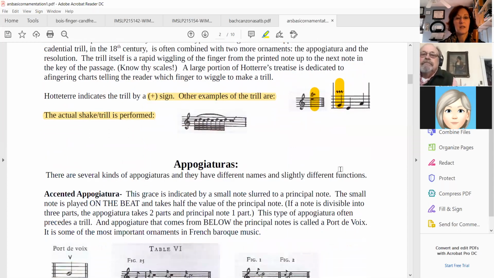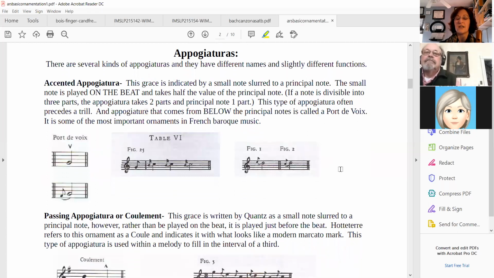So the next class of essential graces that we have is the appoggiatura, and there are several types of appoggiaturas. Before we leave that, I'm looking in Opus 8, a sonata, and I had been wondering about the plus notes over some of the things. That's a trill.